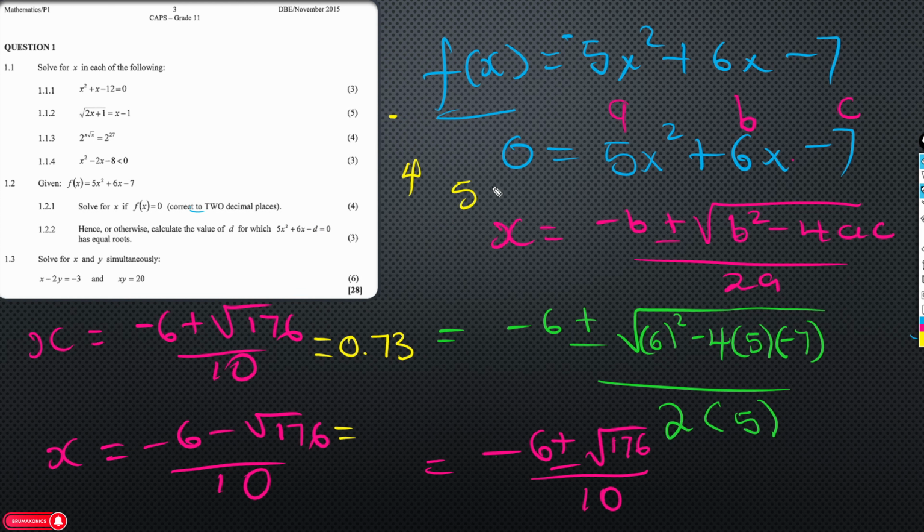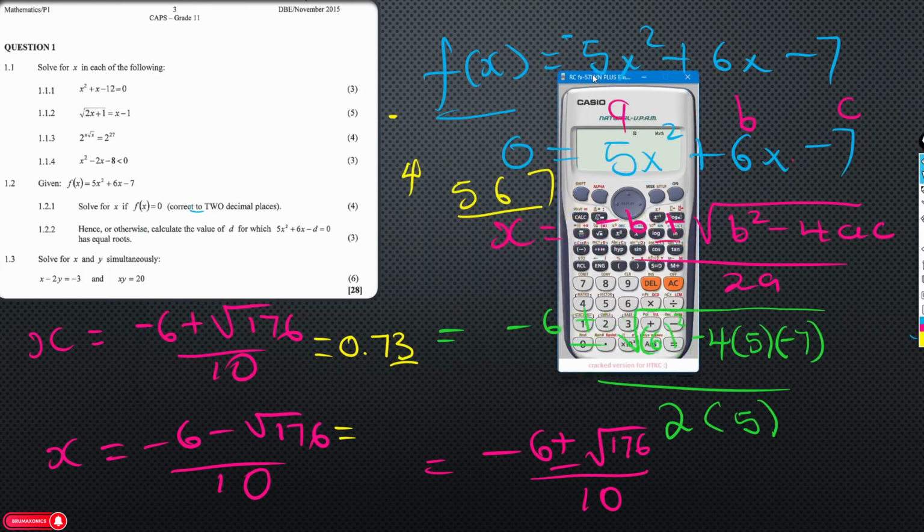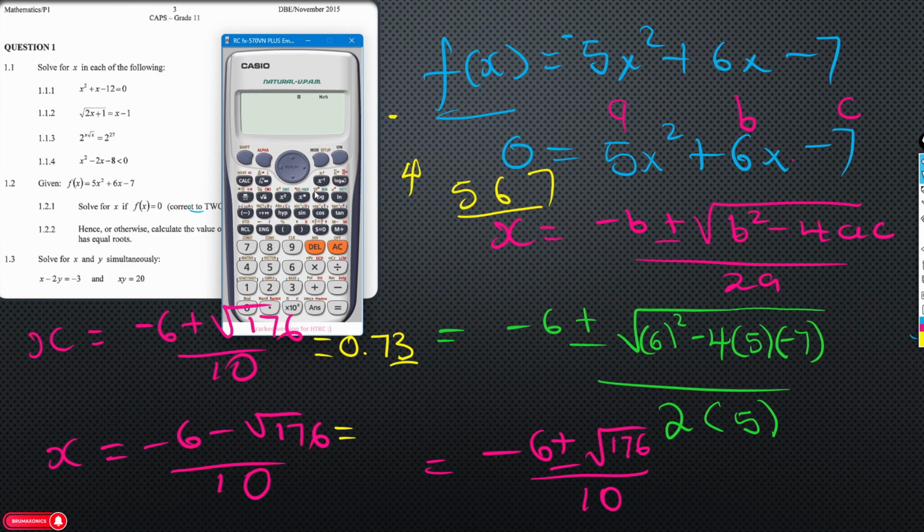So anything from 5, 6, 7, we have to round off to the nearest number there. Even our calculator is gone now. I keep erasing the calculator. So let's try again and see if we'll be able to get the answer.